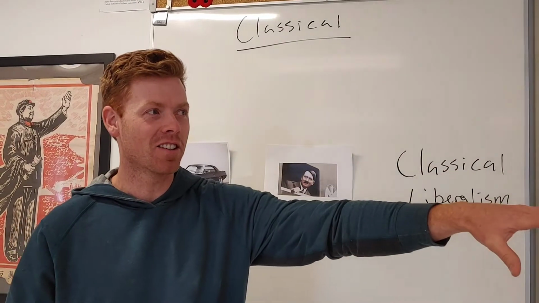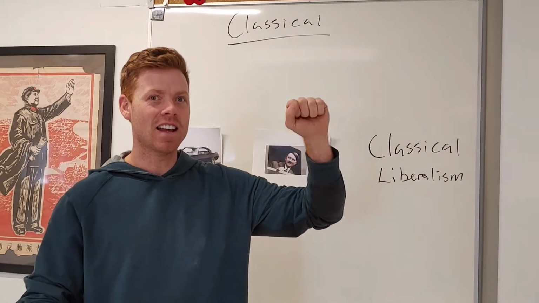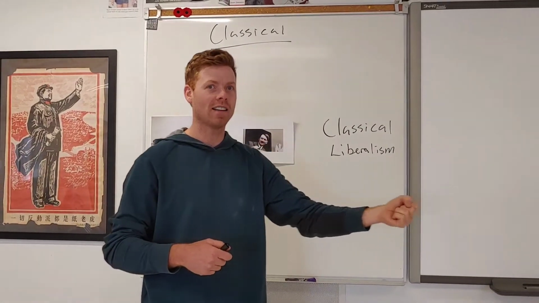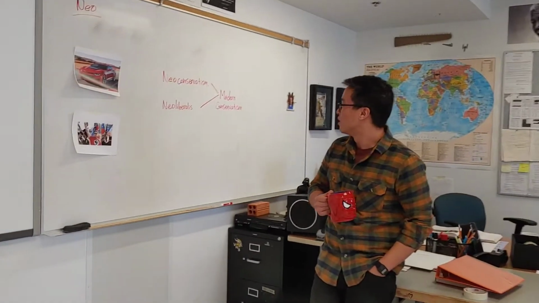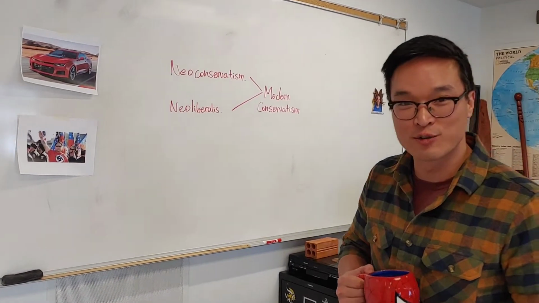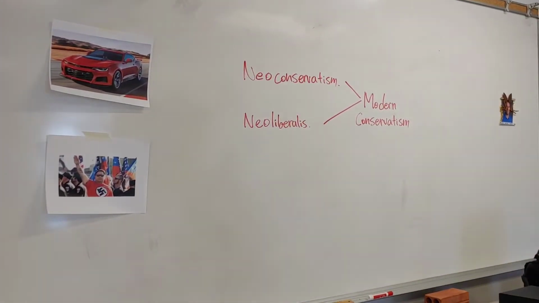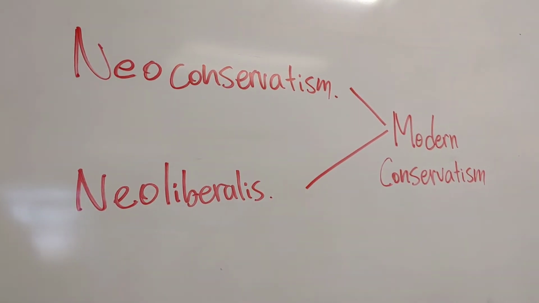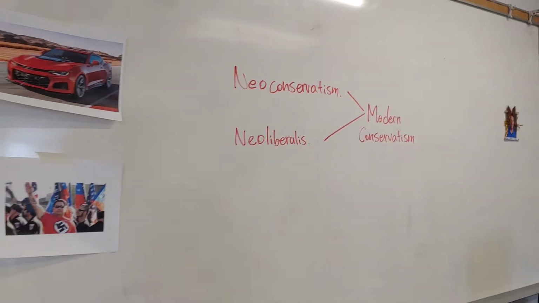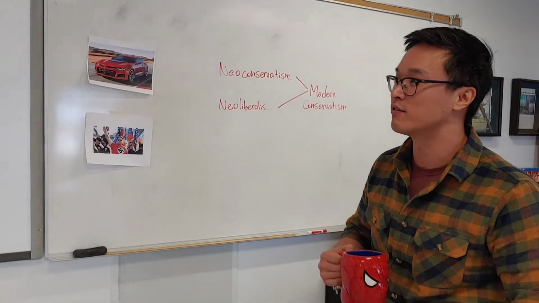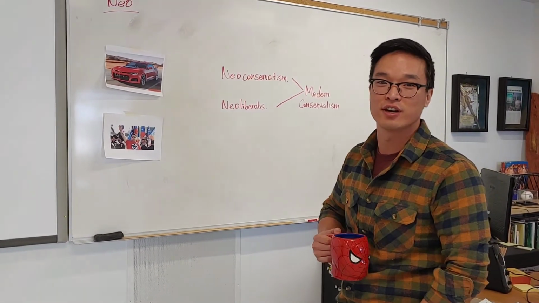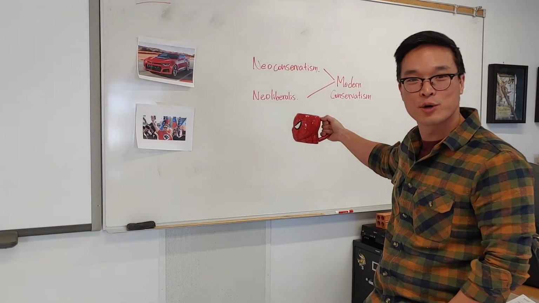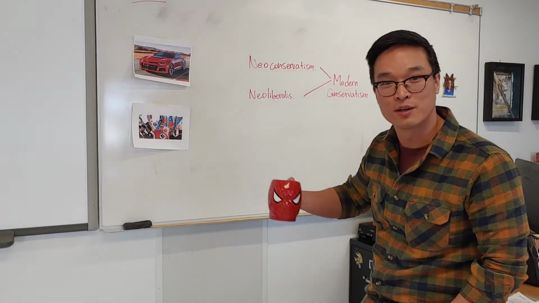What Brian's going to talk about is this idea of classical liberalism in its modern form. What do we call that? With terms like neoconservatism and neoliberals, we can bring those together as modern conservatism. Just like how we have the classical version of the Camaro and the classical version of Nazism, these things serve pretty much the same purpose as classical liberalism.